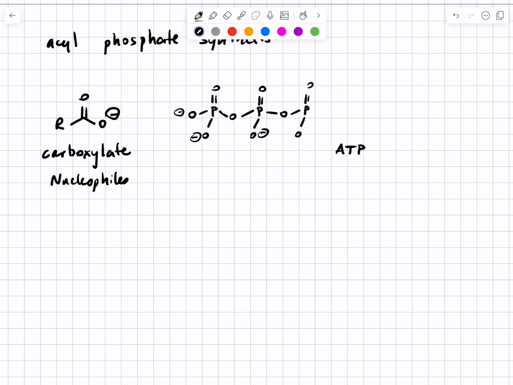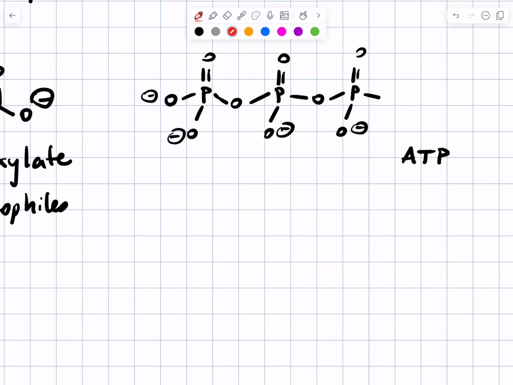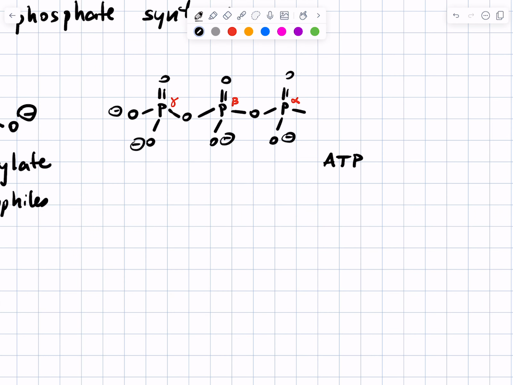So this is the triphosphate part of ATP. We biochemists describe these three phosphates differently. This one is the closest to the adenosine ring, so it's called alpha. This one is next, and it's called beta, and this one's called gamma. So you'll hear people in biochem talk about the gamma phosphate in ATP.